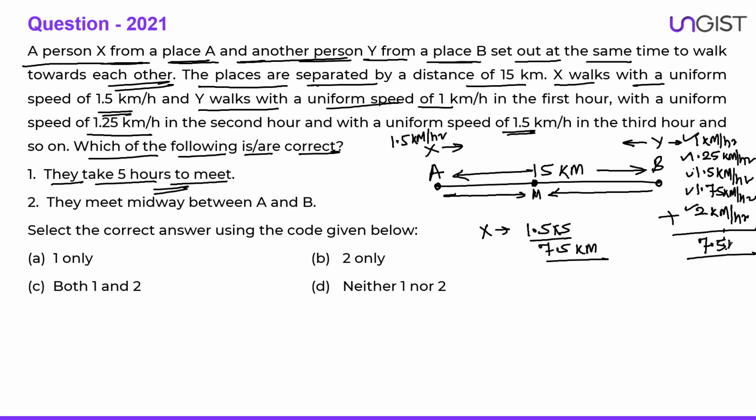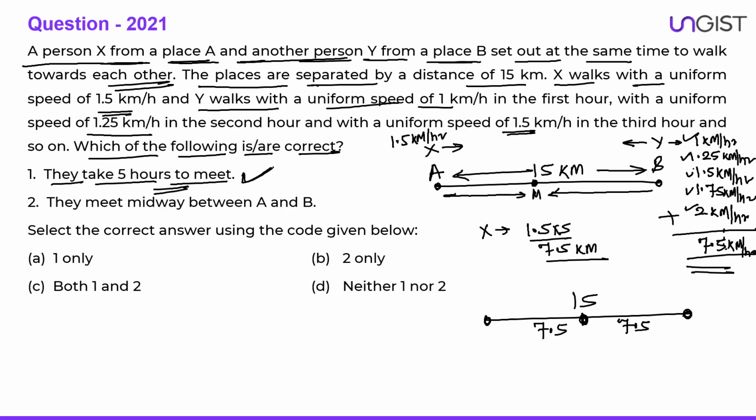So in 5 hours, X is covering 7.5 kilometers and Y is also covering 7.5 kilometers. So this is 15 kilometers. Right, so they are meeting. Obviously after 5 hours they are meeting. This statement is correct.